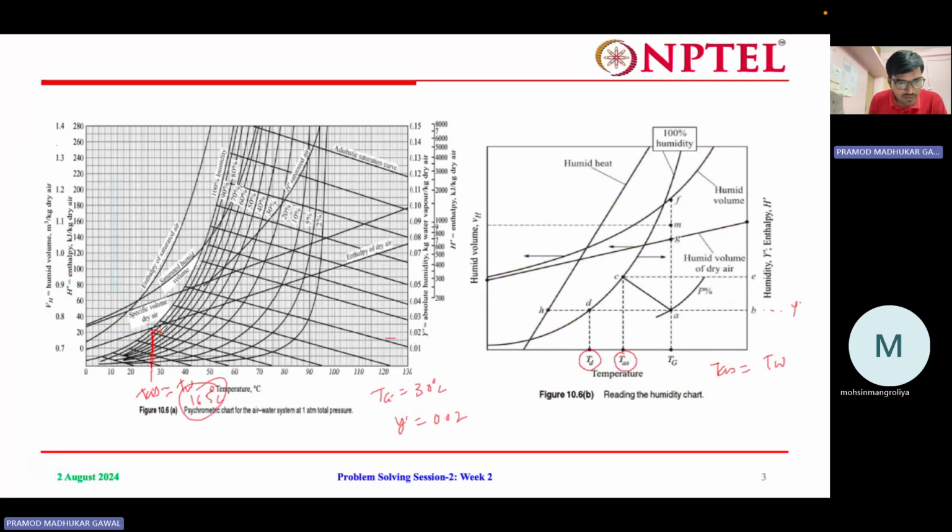After that, you have to draw a straight line here. This is called the dew point temperature. It is almost 16, the dew point temperature TD.